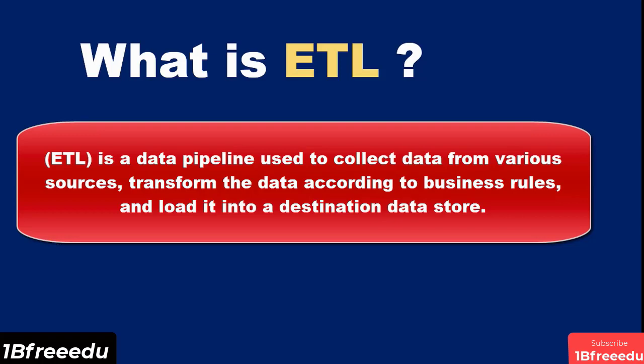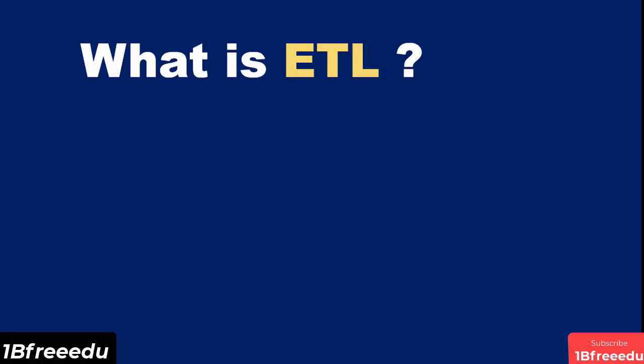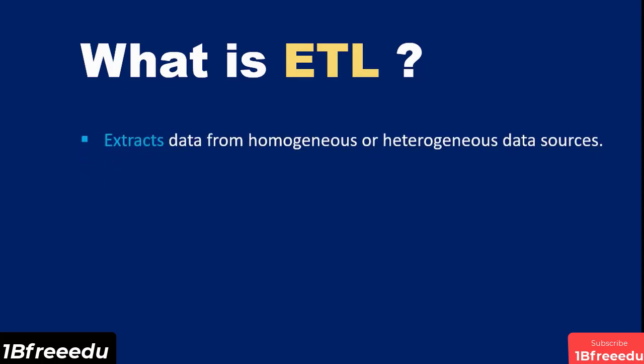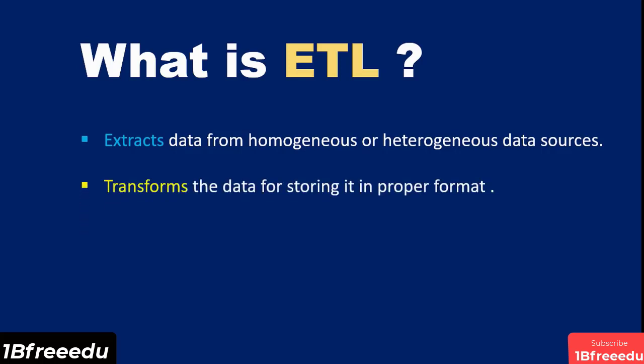You can extract data from homogeneous or heterogeneous data sources. That means you can extract the data from one source or from several sources. You can then transform the data for storing in a proper format, because when you extract data from different sources, they may be in different formats.